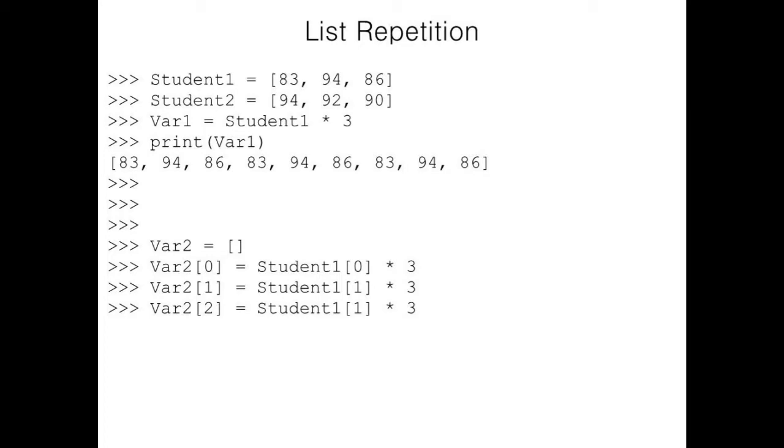So if you want to multiply the value of each individual list item, you should be doing it manually, as in the following example. In var2, item 0 equals item 0 of student1 times 3, and then var2 item 1 equals student1 item 1 times 3, and so on.